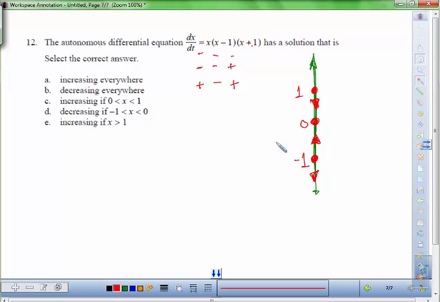So 0 is a stable point, and then positive, positive, positive. So let's identify that 0 is stable and positive 1 and negative 1 are unstable.